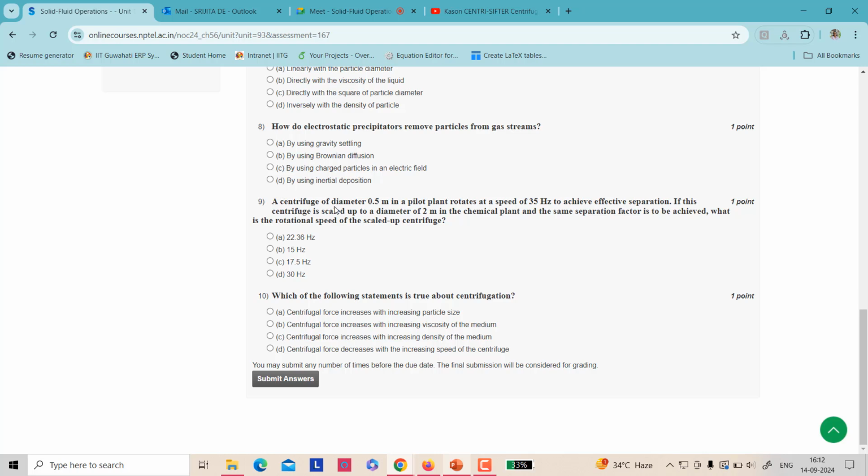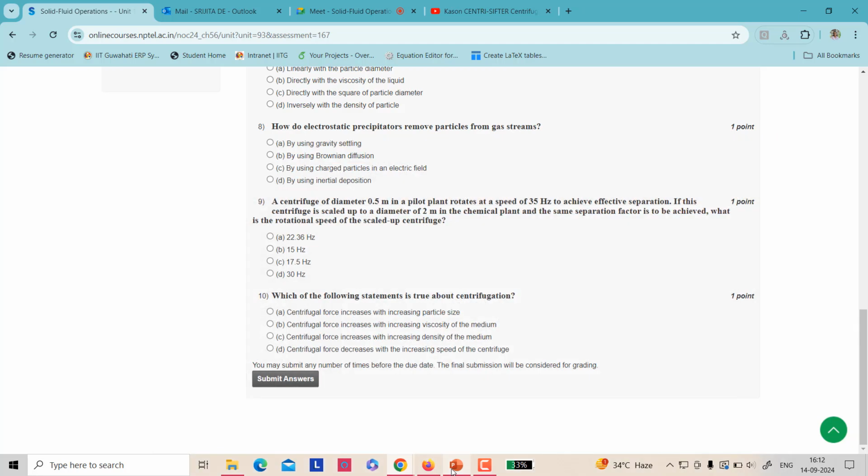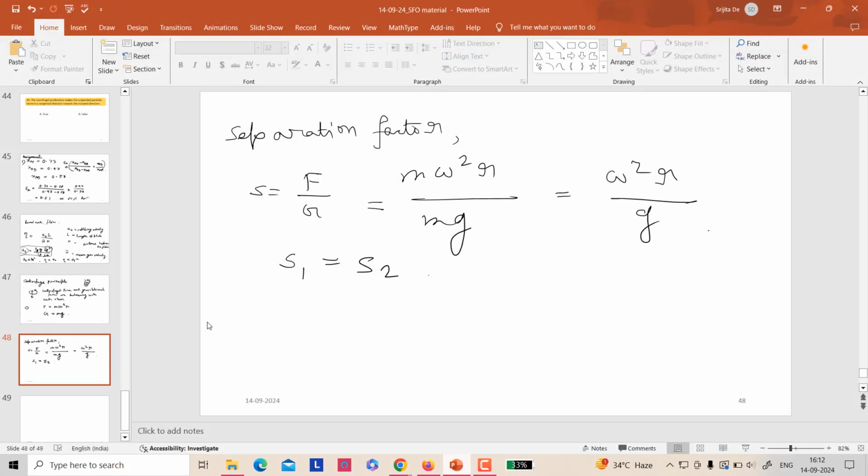So what is the rotational speed in the second case? We know from the question that S1 equals S2, right? Because the separation factor of both situations is the same. It is written here, the same separation factor to be achieved. So we can write S1 equals S2.